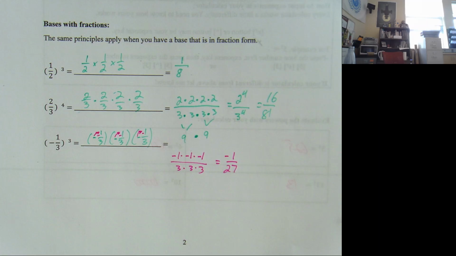X times X. Multiplying X by X by X by X. How many X's are there? There are 4 of them, so it's going to be X to the 4. So y to the 6. No, it's X. What's y to the 6? Think about what Hayden's done and try and apply it.